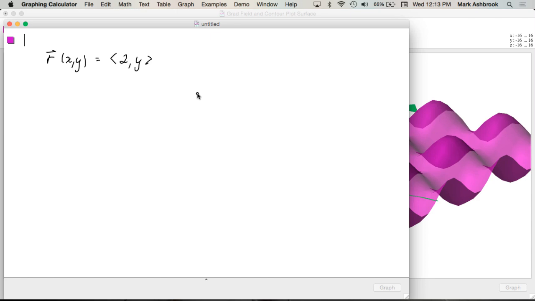If this was a gradient field for some potential function f, what is f?